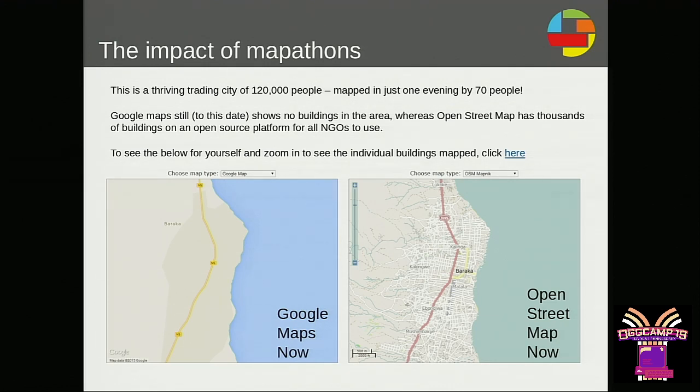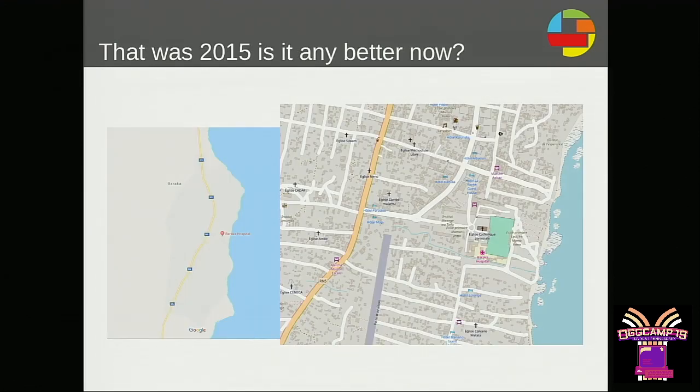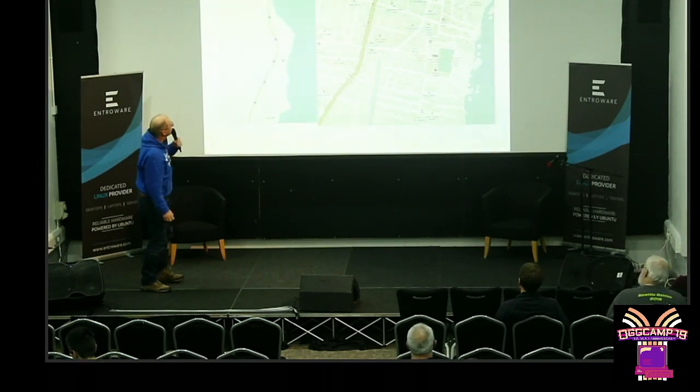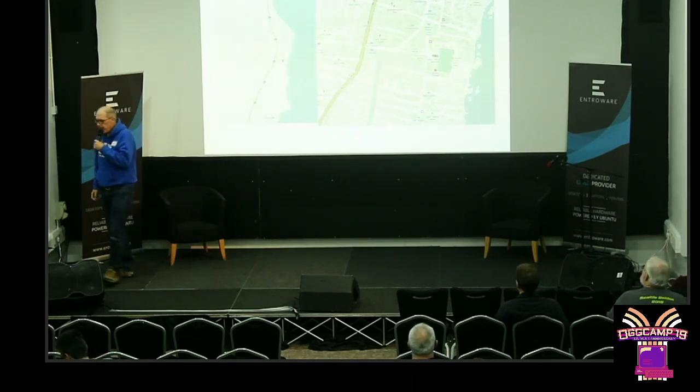This was done in 2015, and Google Maps have now got the hospital marked. Meantime, the local people have started to get in on OpenStreetMap and label things. So you can see there are hotels, there are churches, things getting named and labelled, and the map is being built up.